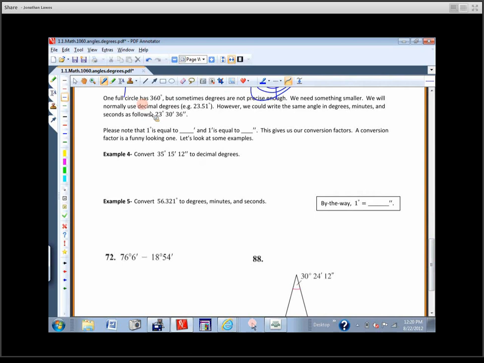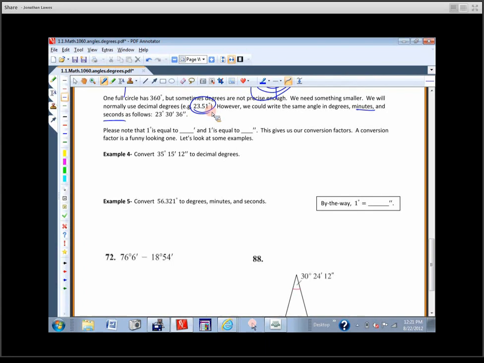Okay. One full circle has 360 degrees. But sometimes if you're dealing with a big enough surface or a big enough circle, degrees aren't very small. Even though there are 360 of them all the way around the circle, that's not a small enough measurement. So we break it down into something called minutes and seconds. If I had this angle right here, 23.51 degrees, I could represent that with a decimal.